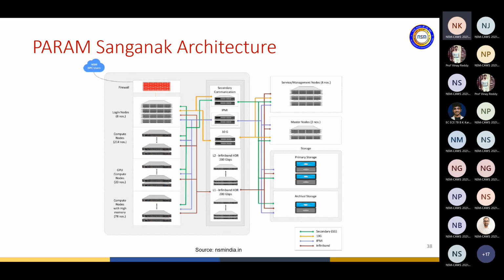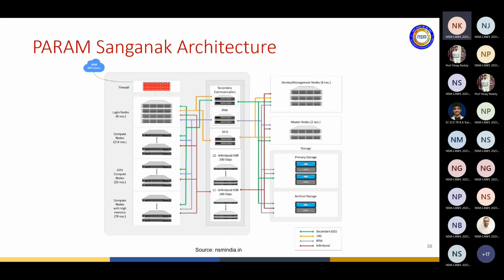Now look at this system. This part is the compute node. They have just shown 3 different kinds of compute nodes because there are some GPU nodes as well, and some high memory nodes as well. But anyway, this is our compute node, and here is our storage.